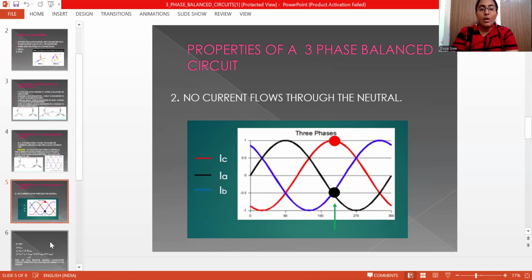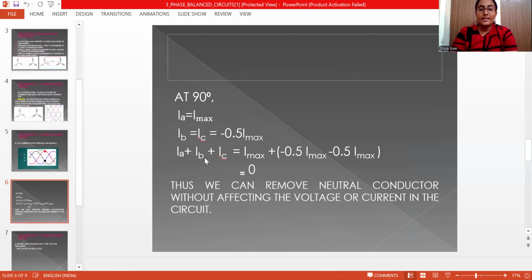When we add all these currents, IA plus IB plus IC, we get 0. So from this, we can understand that even after removing the neutral, the magnitude of the voltage or current in the circuit remains unchanged. Thus, this is a very important application of a balanced circuit.